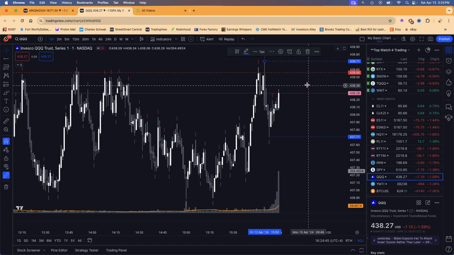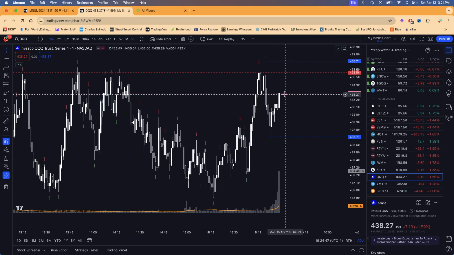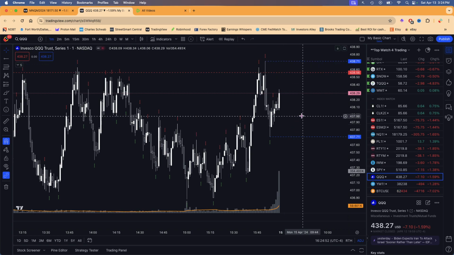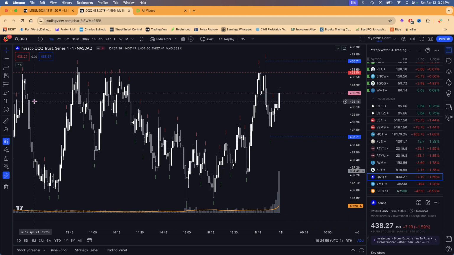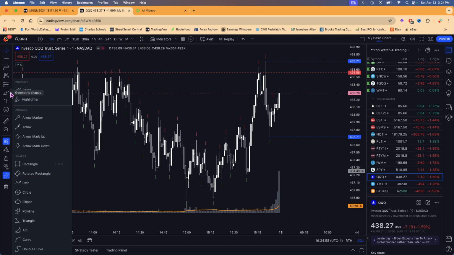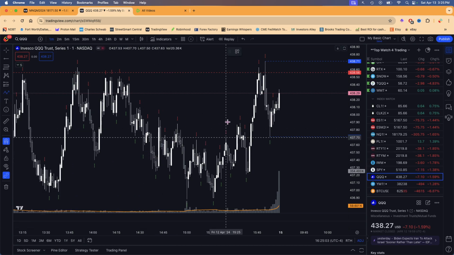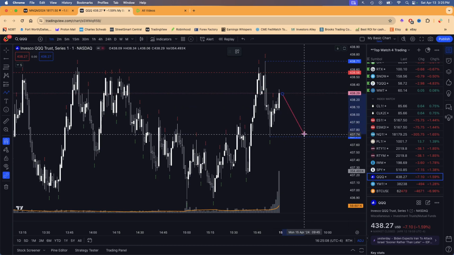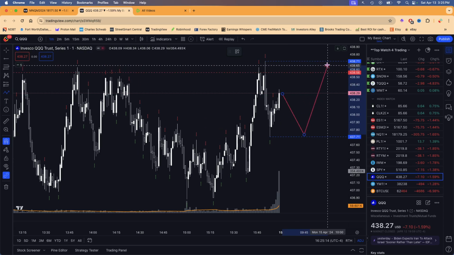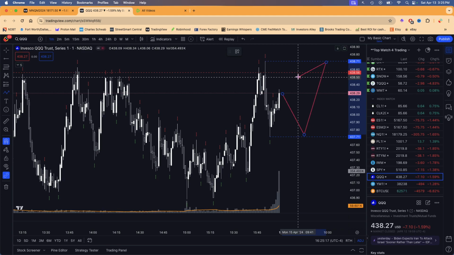These are your levels. As you can see right now, QQQ is right in the middle of that range, so it's probably not a good place to enter a trade. What you would want to do is look for something like this. You want to see it bounce off of your last low and then head back up to the next high.